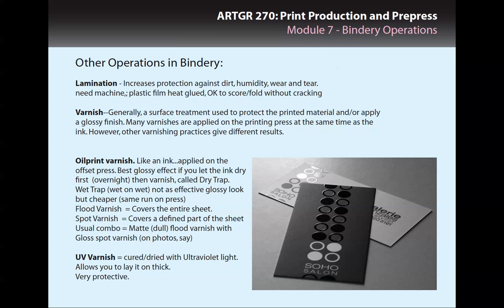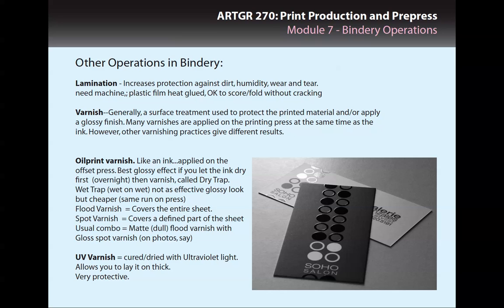Varnish is a similar treatment. It's putting down a clear liquid, ink type liquid, but it's clear, and it does the same thing. It protects the material, or it can apply different sorts of finishes to it, like glossy or satin finishes. Many varnishes are applied on the printing press directly at the same time. So it could be a printing press operation, but there's also varnishing that happens in the Bindery too, to get different results.